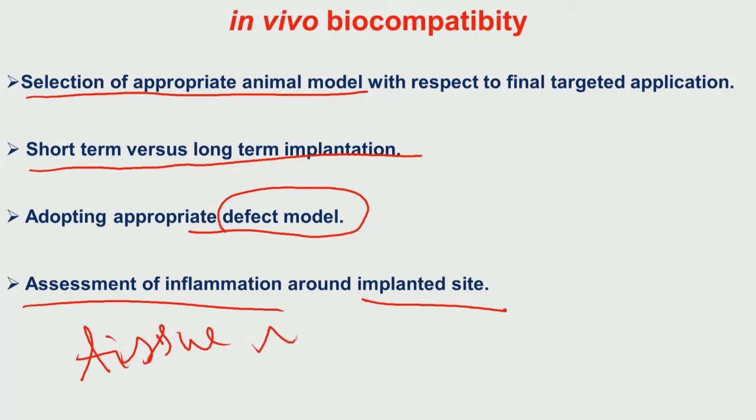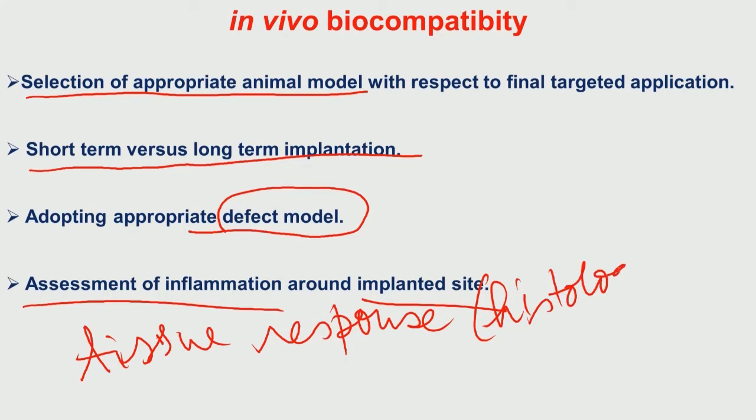Now, for tissue response one has to do a different analysis, which is called histology. Histology means the scientific analysis of the structure and morphology of the different tissues in thin histology slides.